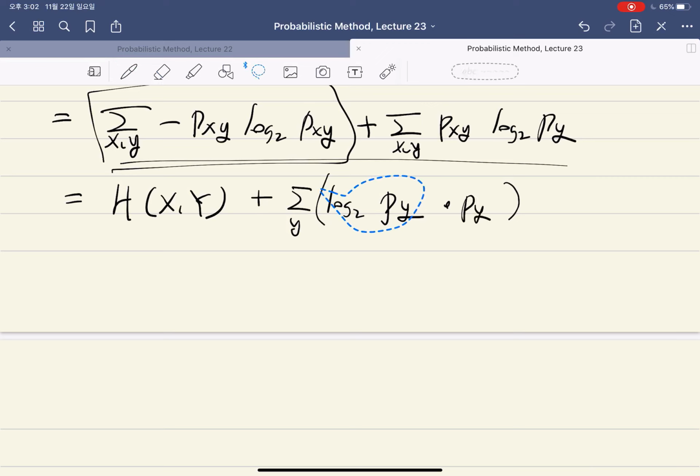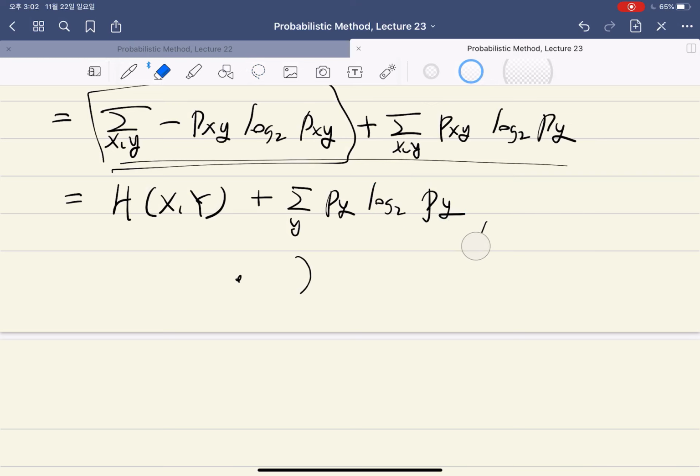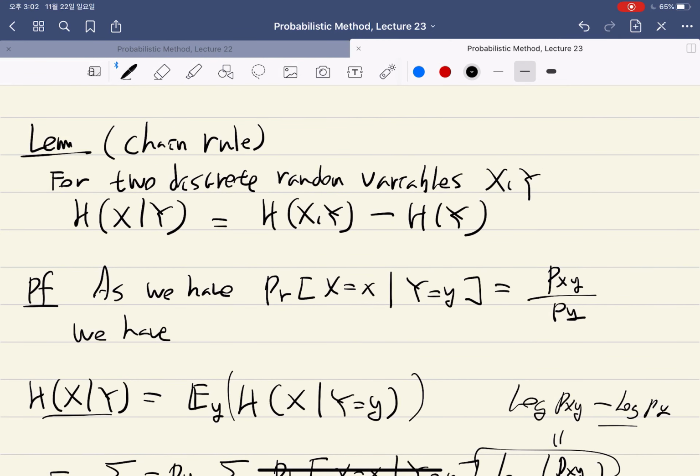So we can write this as this. That's exactly the same as we want. So this conditional entropy is exactly the additional information we get from x and y on top of the information that we already have from y.